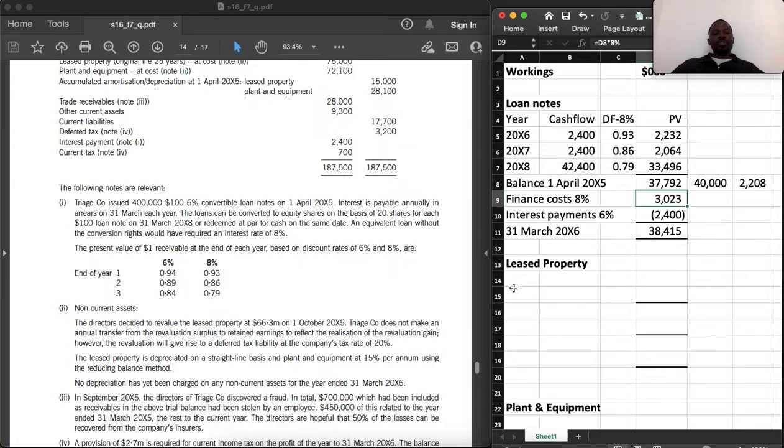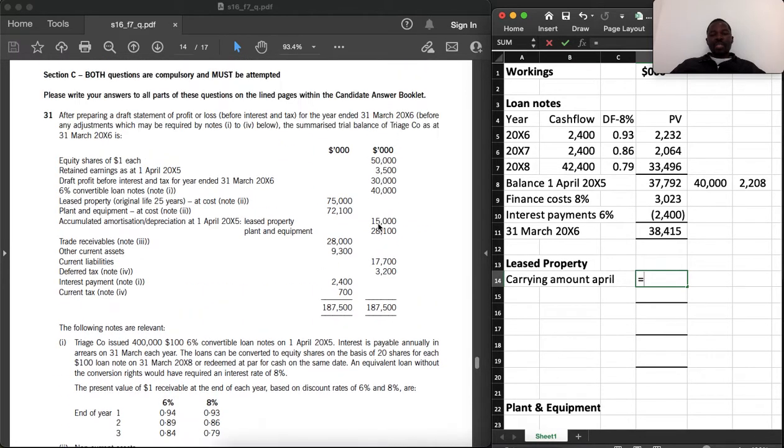So what we are going to do, we are going to say carrying amount in April. How much was the carrying amount in April? The cost was 75,000 less the accumulated amortization or depreciation of 15,000. So the carrying amount was 60.